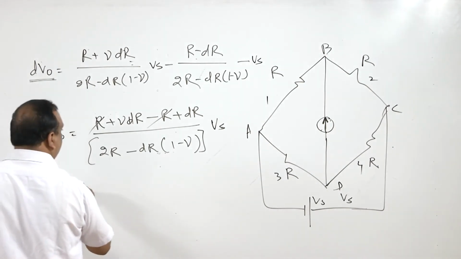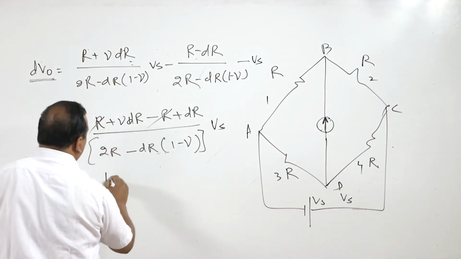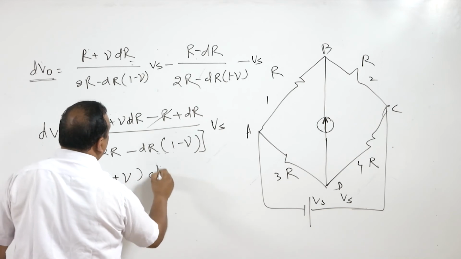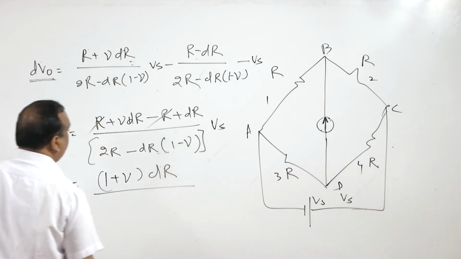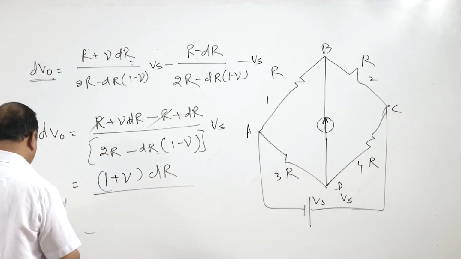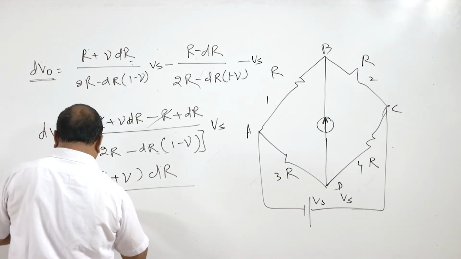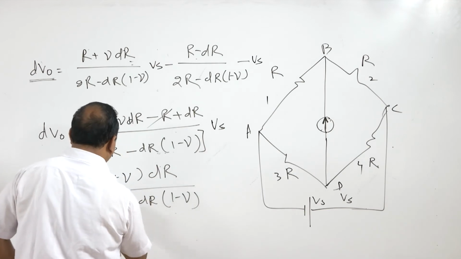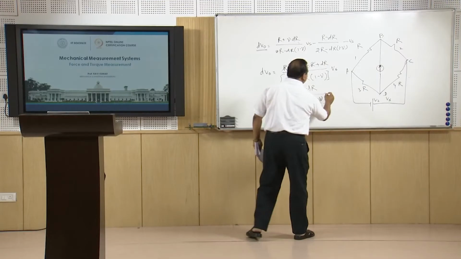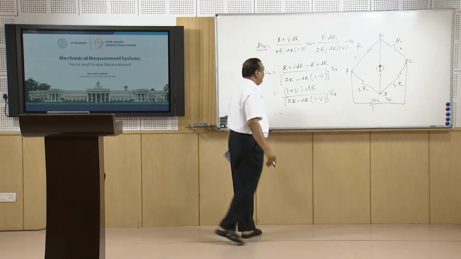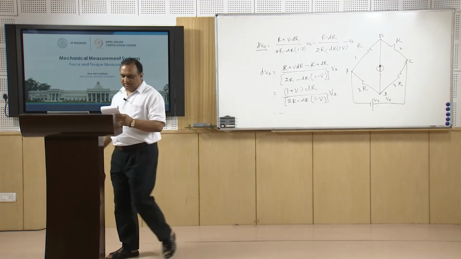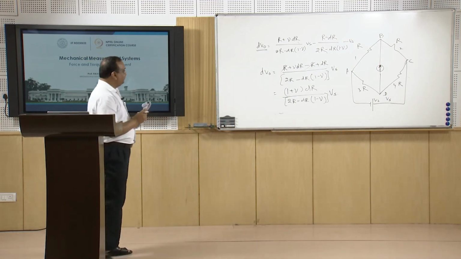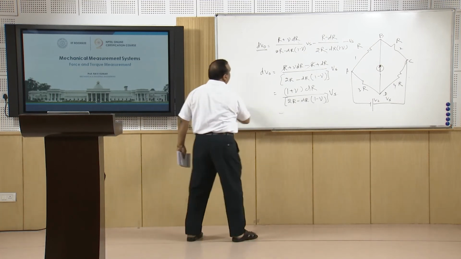So we get 1 plus nu dr divided by 2R minus dr times 1 minus nu, multiplied by Vs, right?